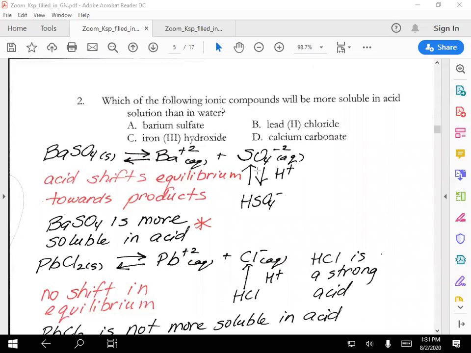So we are removing the sulfate, and so we would shift our equilibrium this way. So the acid would shift the equilibrium towards products, and that means that the barium sulfate is more soluble in acid.